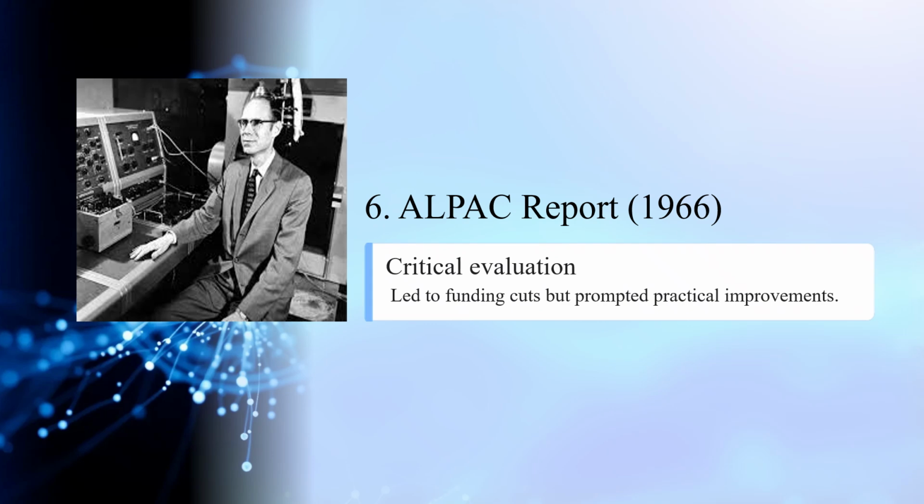In 1966, the report published by the Automatic Language Processing Advisory Committee, ALPAC, marked a major turning point for machine translation. The report concluded that machine translation systems were slower, less accurate, and more expensive than human translators. As a result, US funding for machine translation research was drastically reduced and many projects were stopped.